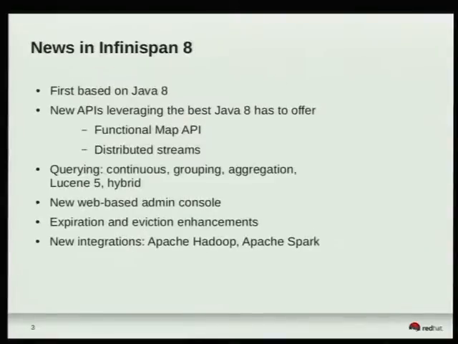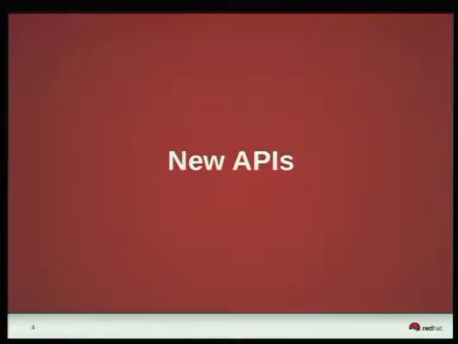But this presentation should be about new features in Infinispan 8. So what's new in Infinispan 8? It's based on Java 8, so it leverages as much as possible the new APIs in Java 8, like the Stream API in particular. So I will introduce the new APIs, querying enhancements, a new web-based admin console, and some other minor stuff. Okay, so let's get started with the new APIs.